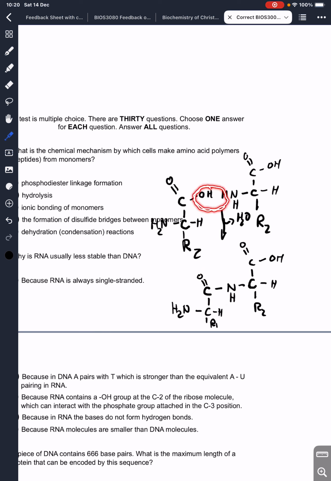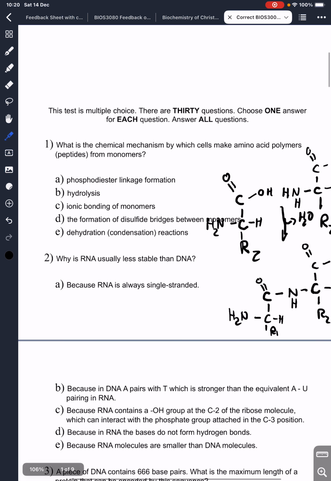So here's the water molecule that we release, and therefore it would be a dehydration or condensation reaction. So answer E would be correct for this question.